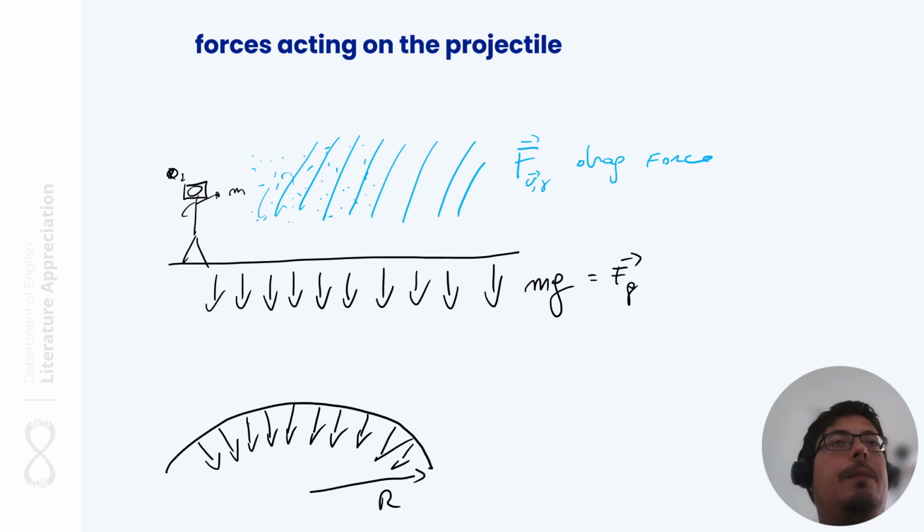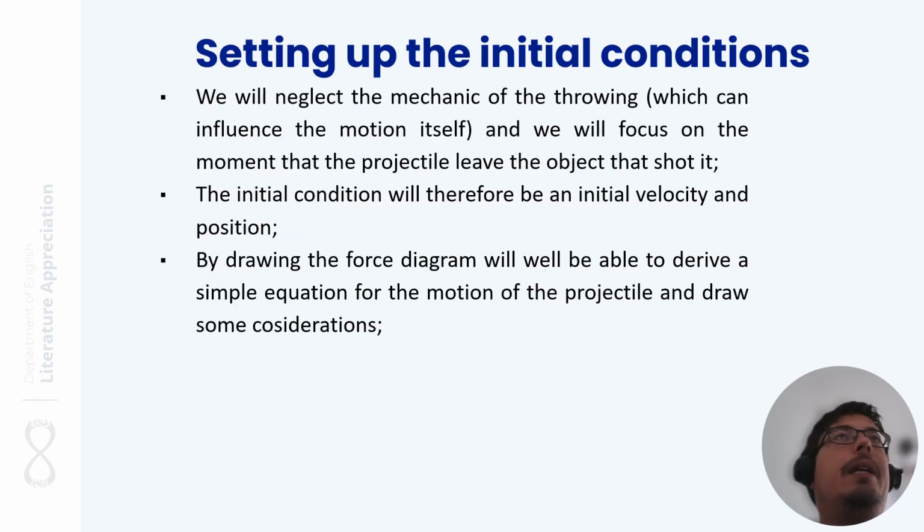And okay, so bearing this in mind, we will have to set up some initial conditions, and as I said, we will have to make other assumptions, throw away other assumptions. As you can see, it's a very simplified model, but to describe something very simple, we need to go through those assumptions.